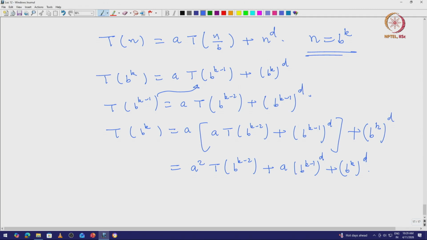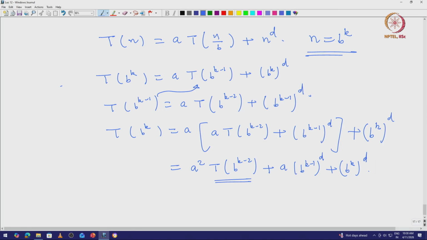So, now you see the pattern emerging. Now I have to replace this because I have T of b power k minus 2, I can use this and replace k by k minus 2 and so on, and this can go on up to k stages, and finally you get T of 1 which is a constant and then an arithmetic or geometric series. So, the algebra related to that was done, and that is how the master theorem is solved.